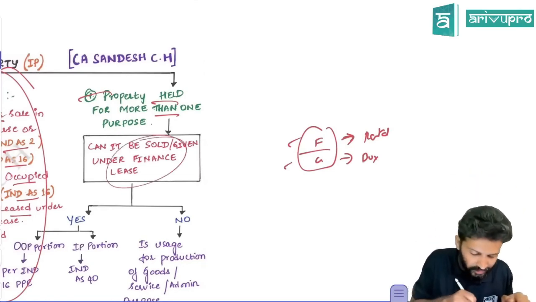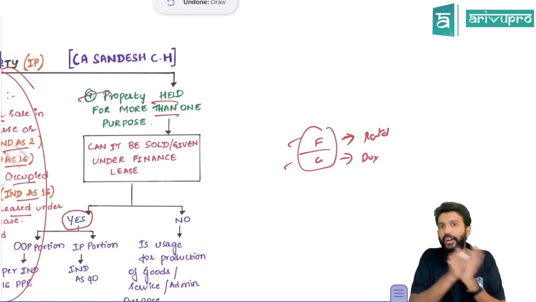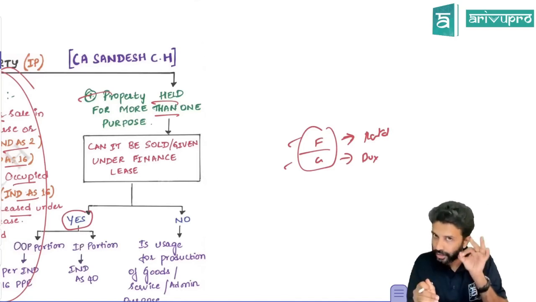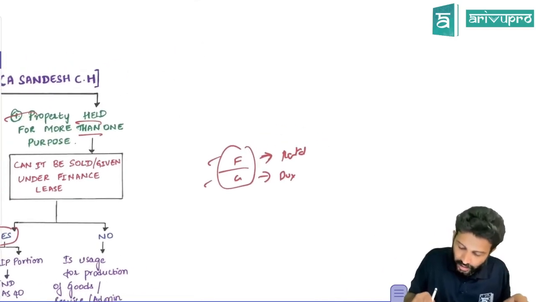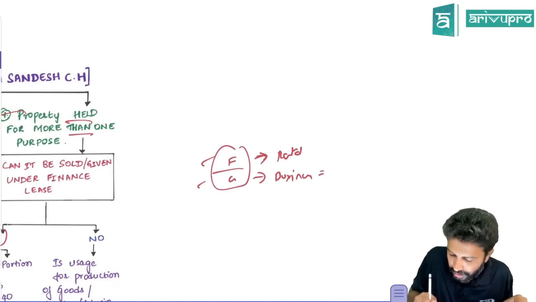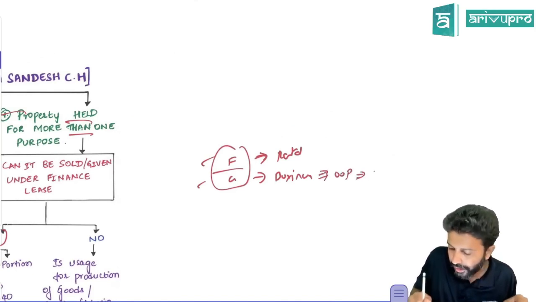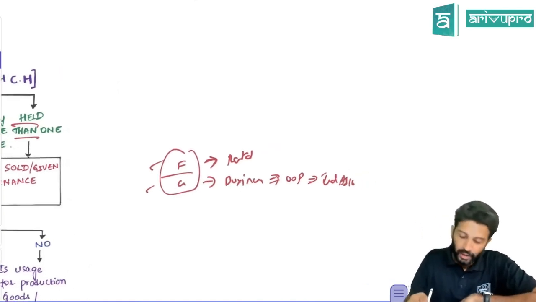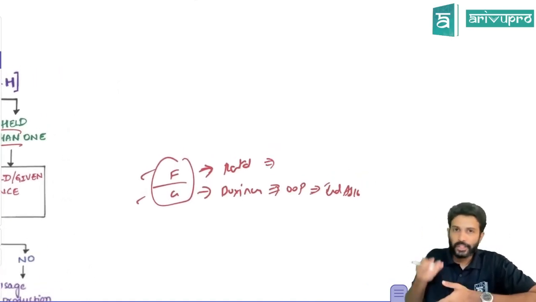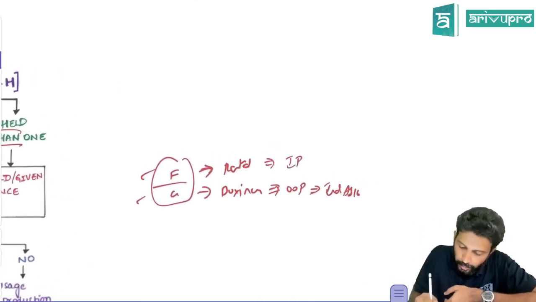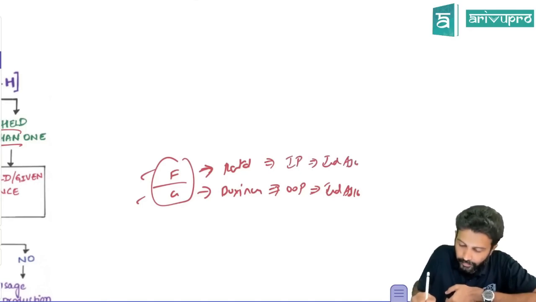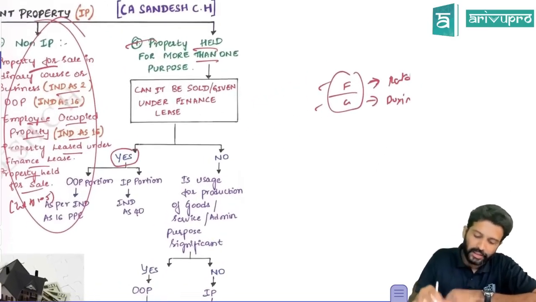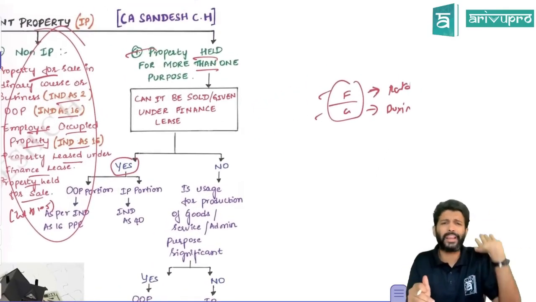If the answer to any of this is a yes, either you can sell it or give it on finance lease, then this ground floor which you have used for business purpose will be termed as owner occupied property, and IND AS 16 will apply. For your ground floor, IND AS 16 will apply. For your rental purpose, the first floor which you are holding, it will be investment property, and IND AS 40 shall apply. Like that. If you can separate it, then separate it. For that portion, apply respective standards.